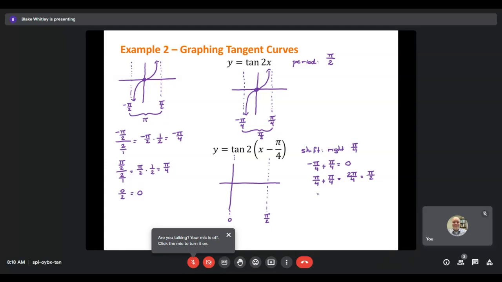It was at 0. We're shifting it to the right pi over 4. And so that new x-intercept should be at pi over 4. Again, no reflections, and so this should still be increasing from left to right. And so we have our two asymptotes, we have our x-intercept, and we're just going to make sure we're increasing through that x-intercept from left to right.